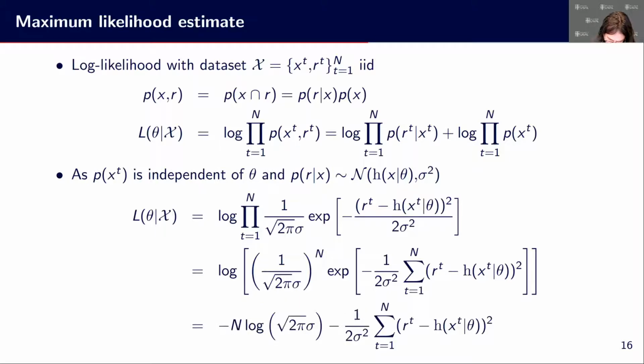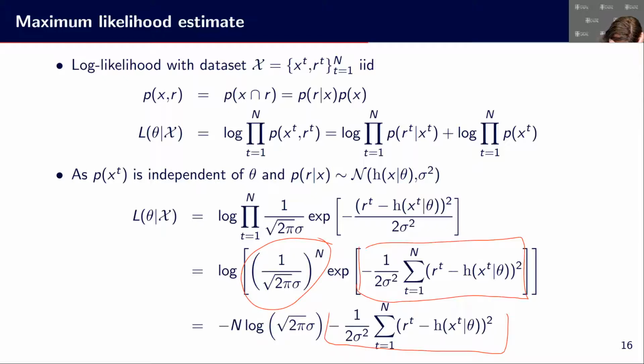Expanding it further, given it is to the power of n, this thing is converted to that. So all this is getting to minus n log of square root of 2 pi sigma corresponding to that element. And this thing here is what is in the brackets there.